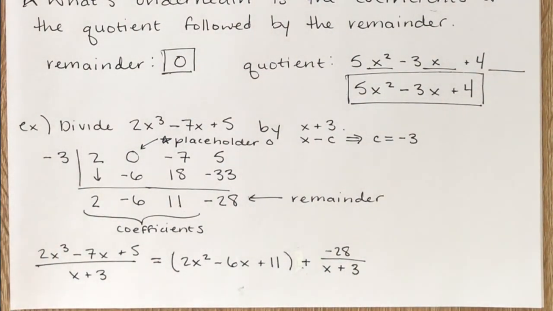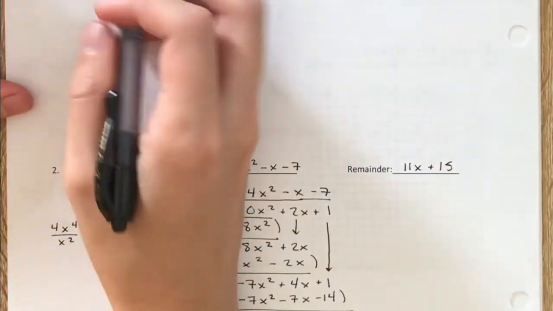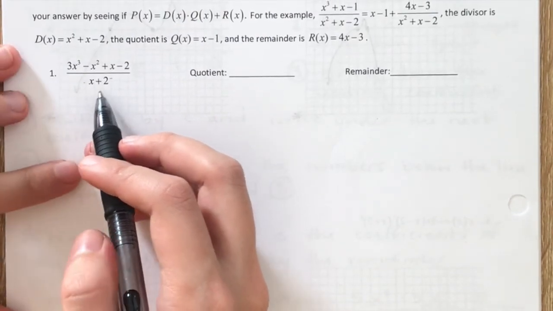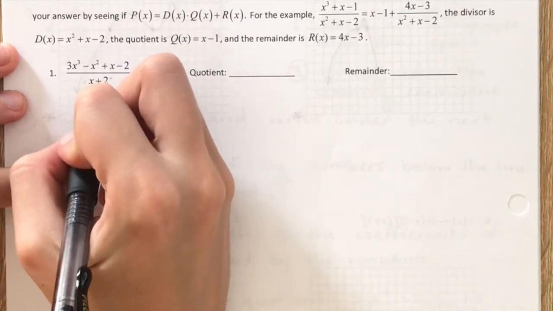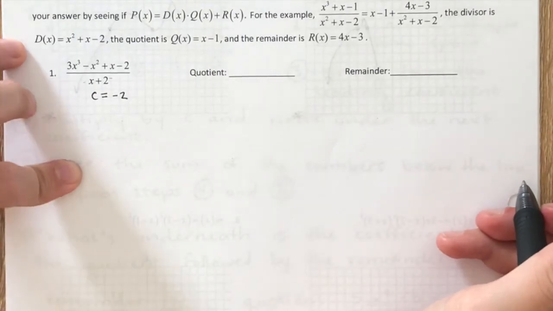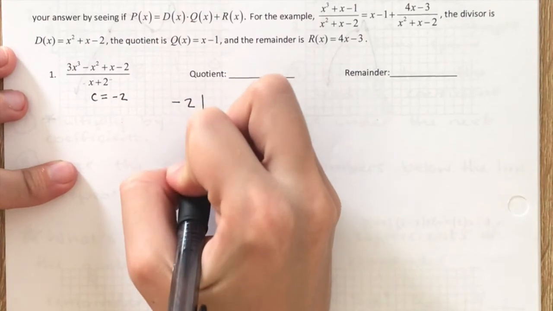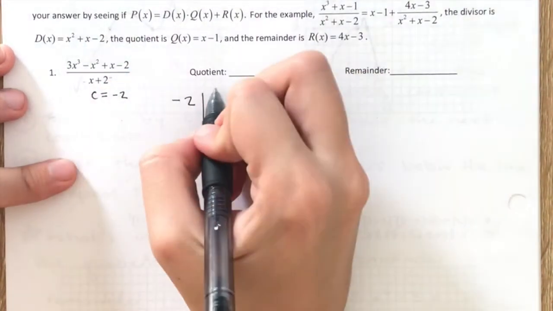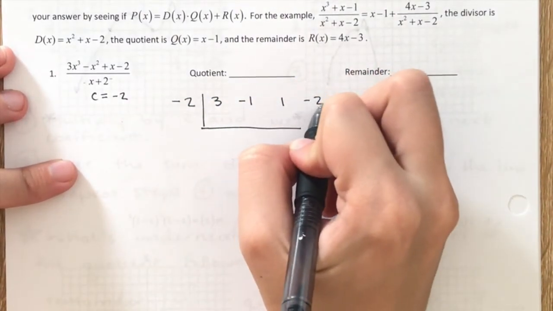All right, let's try that example from the lab manual that we were talking about earlier. Again, we're looking at this one here. We have x plus 2, which means that we have a c value of -2, so we can write -2 up top. We need our L shape. Our coefficients here are 3, -1, +1, and -2.